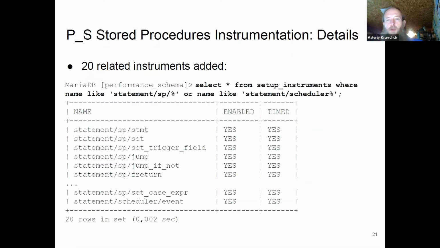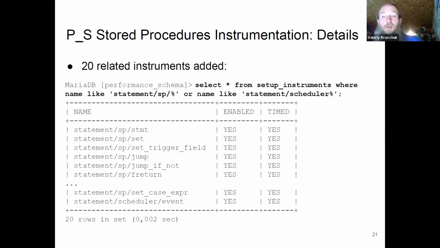You can just check the related instruments. Related instruments are named like statement/sp for stored procedure, and there is one exception, statement/scheduler, that's for the event itself. In case of stored procedures, you can see that instruments are named a bit strange, like statement.